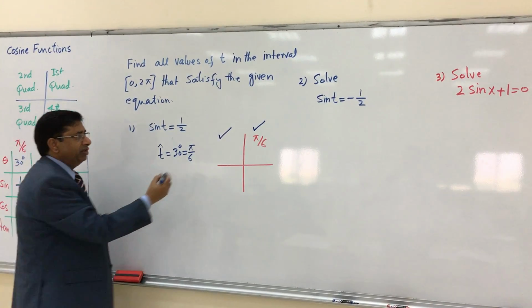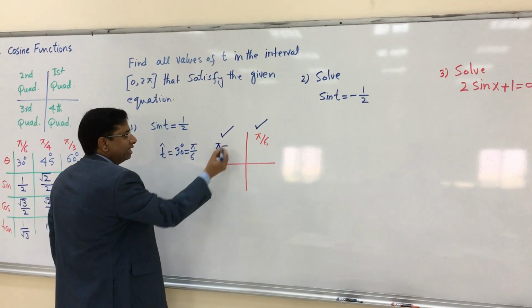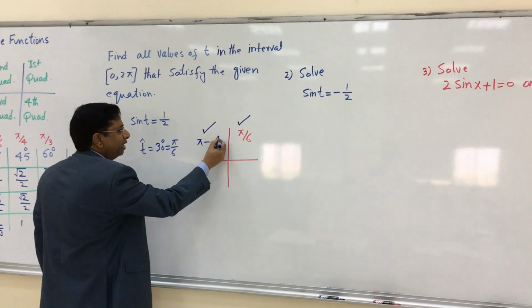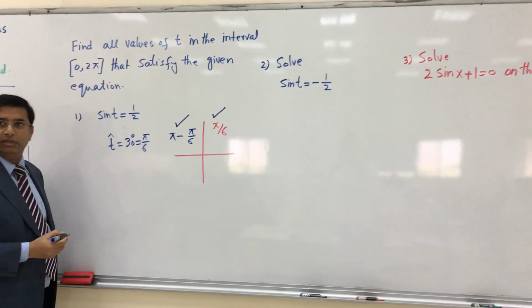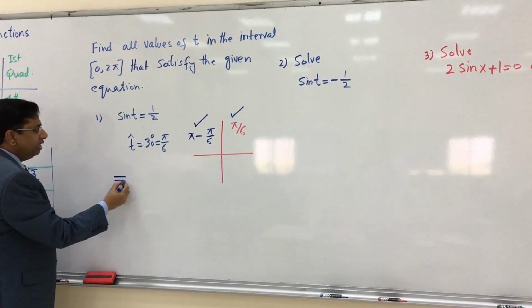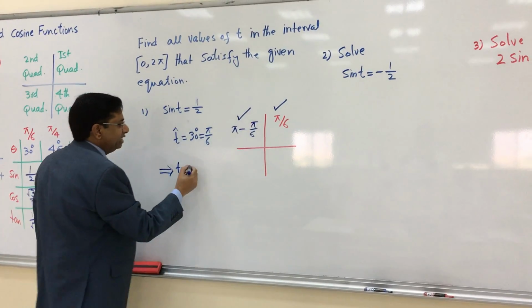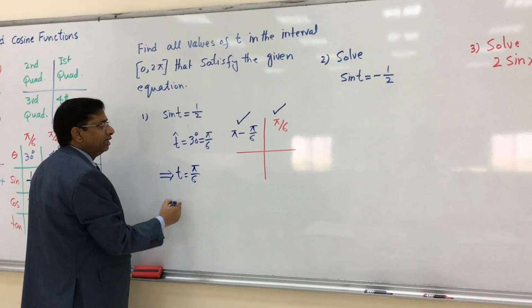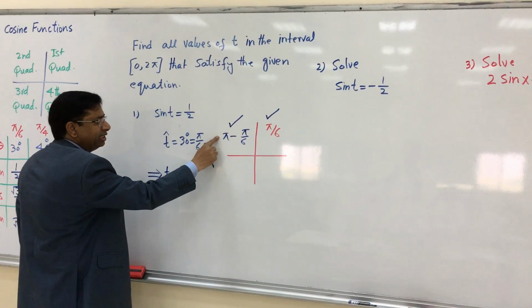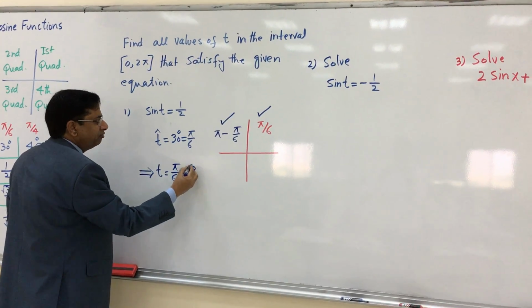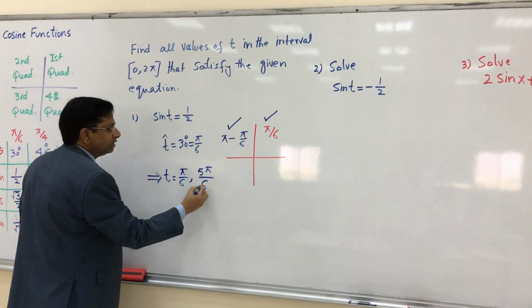In the second quadrant, we know the formula is pi minus the reference angle, and the reference angle is pi over 6. So the value for t in standard position, we write t equals pi over 6, and the other value you simplify, this is 6 pi minus pi over 6, which is 5 pi over 6.